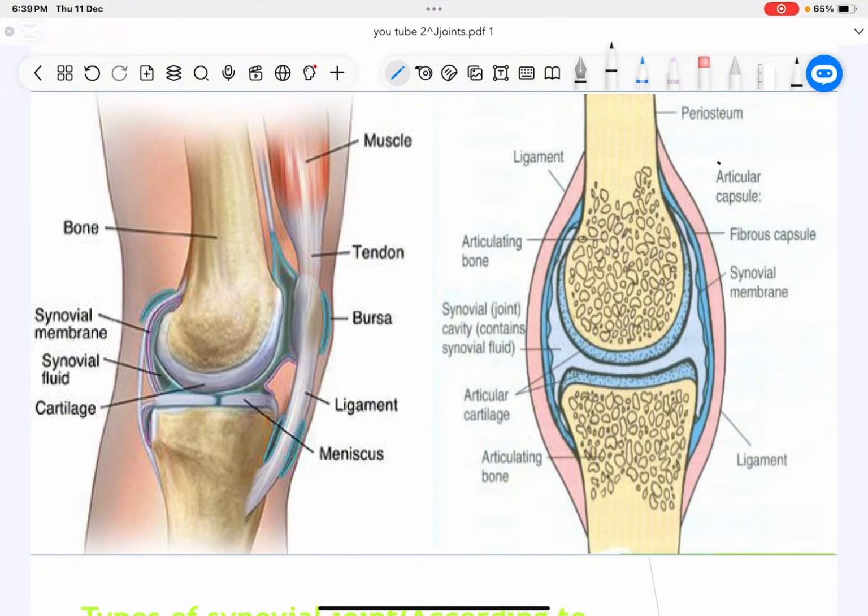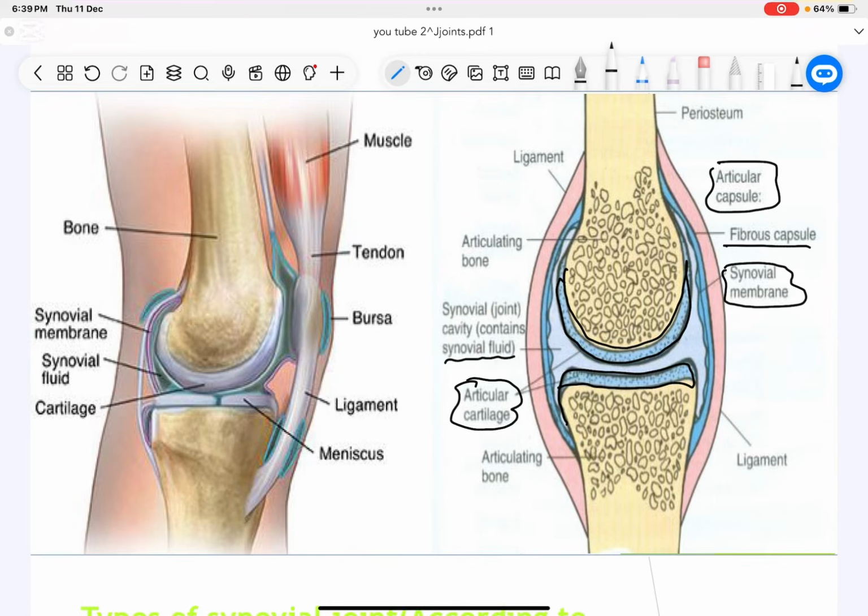Now, we will be heading to see on a screen the features we have just gone through. More externally is the articular capsule which has fibrous capsules, and the inner part of the fibrous capsules has synovial membrane. Synovial membrane secretes the synovial fluid. The articular surfaces of the adjacent bones are covered by a cartilage, you can see here, and this is called articular cartilage.